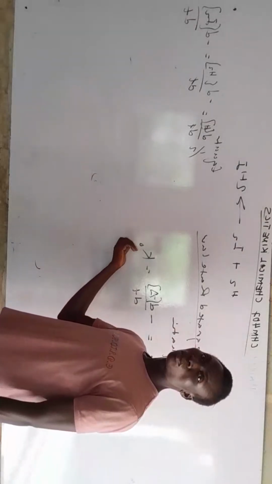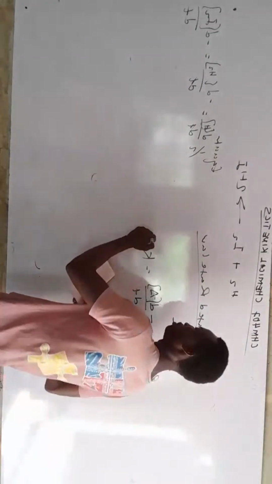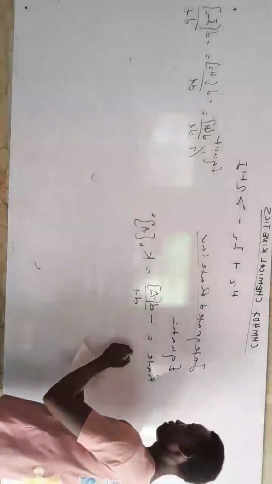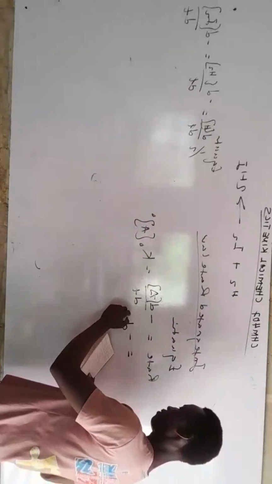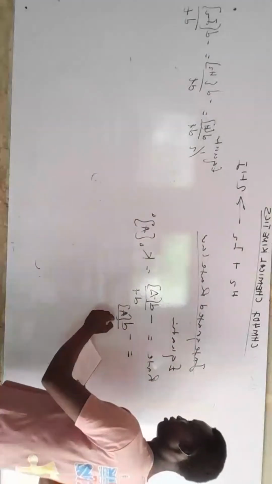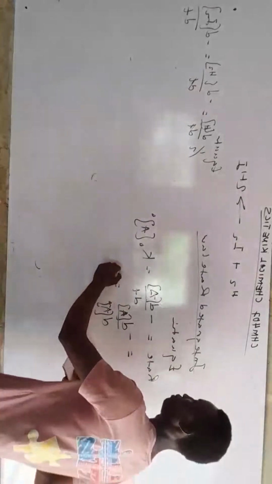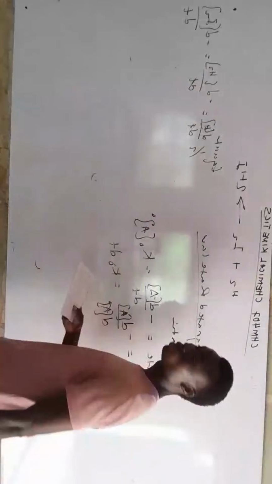So the order here is 0, and we have [A] raised to power 0. Since it is raised to power 0, we have d[A] equals k0 dt.